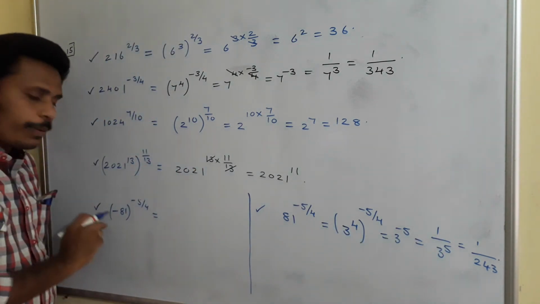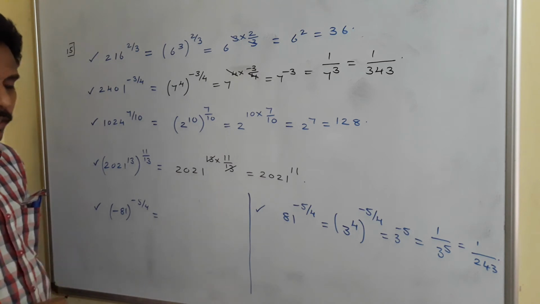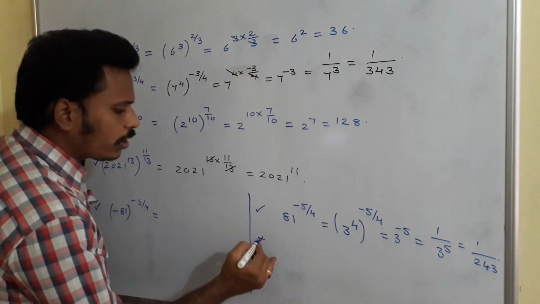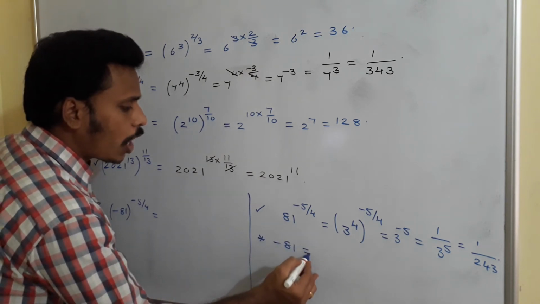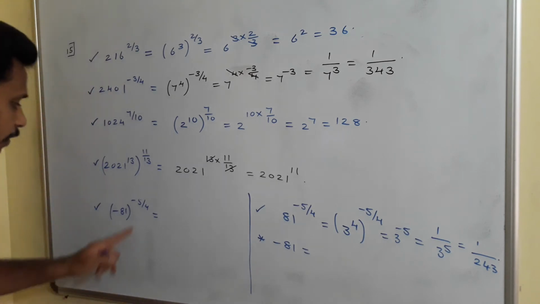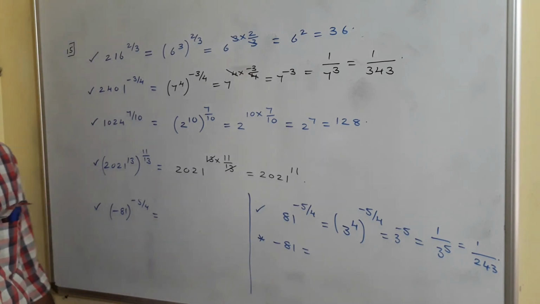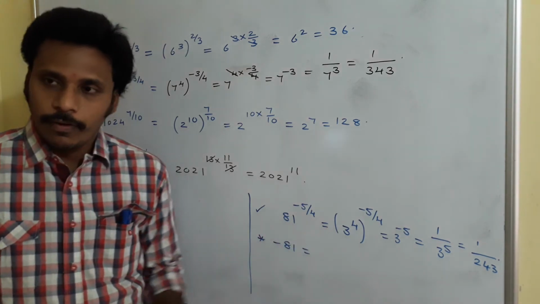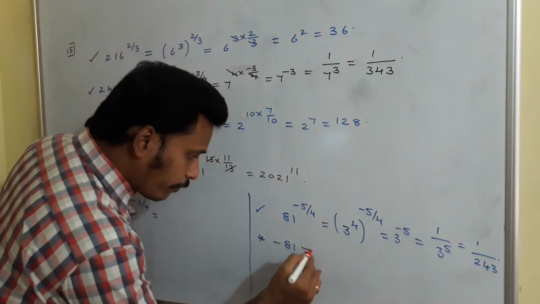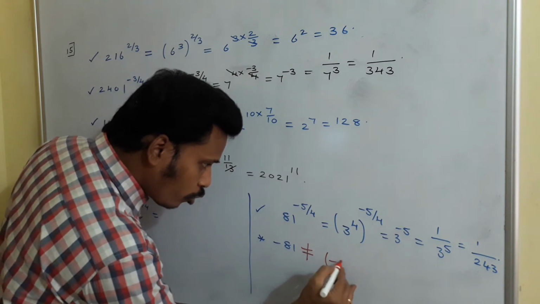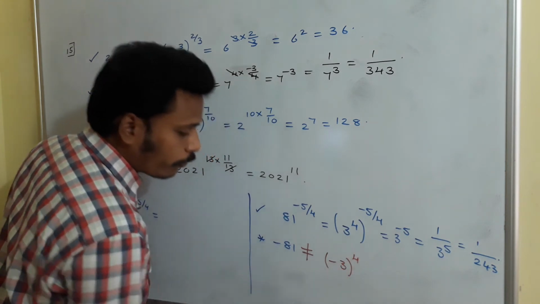But what is this base? Minus 81. Okay, you need to think about minus 81. How to rewrite this minus 81 as a power of 4? I think you are understanding. 81 is 3 power 4, but minus 81 is not equal to minus 3 to the power 4.